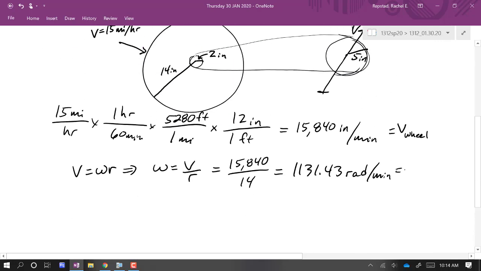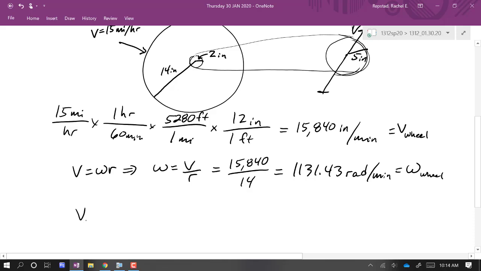So this is omega for the wheel and for the wheel gear. I'll just say wheel.